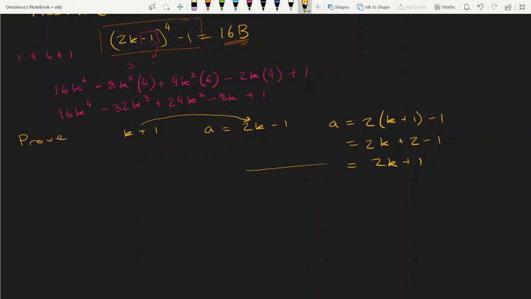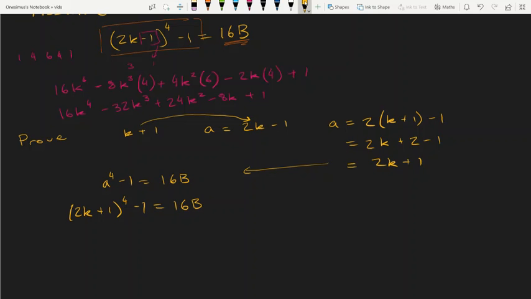Now if we take that back to our original equation of a to the 4th minus 1 equals 16b, then we can get (2k plus 1) all to the 4th minus 1 equals 16b.